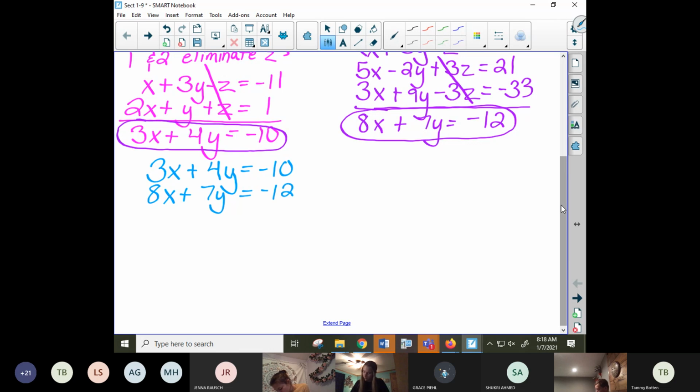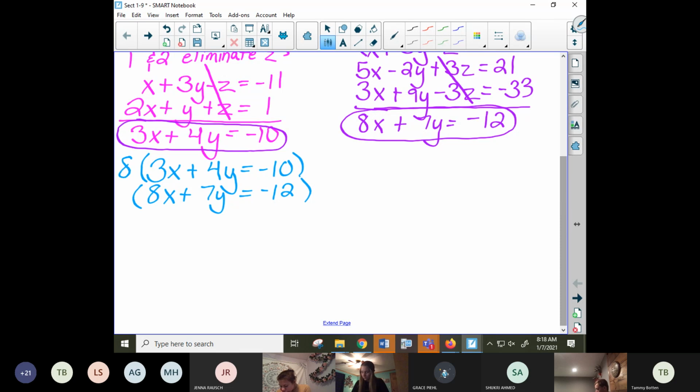Now again, we need to do something to get rid of our x's or get rid of our y's. 3 and 8 both go into 24. 4 and 7 both go into 28. You could get rid of either of them. I'm going to try to get rid of my x's, okay? So I want one of these to be plus 24x, and I want one to be minus 24x.